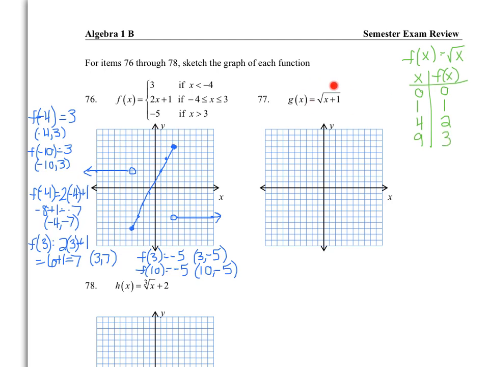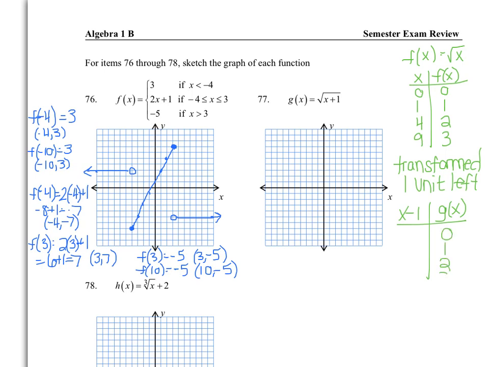This function is a transformation, one unit left. So all I'm doing is changing my x values. My y values are staying the same. I'm changing my x values, and I'm subtracting 1. So x minus 1, and so g of x is essentially going to be equal to f of x. So 0, 1, 4, 9.